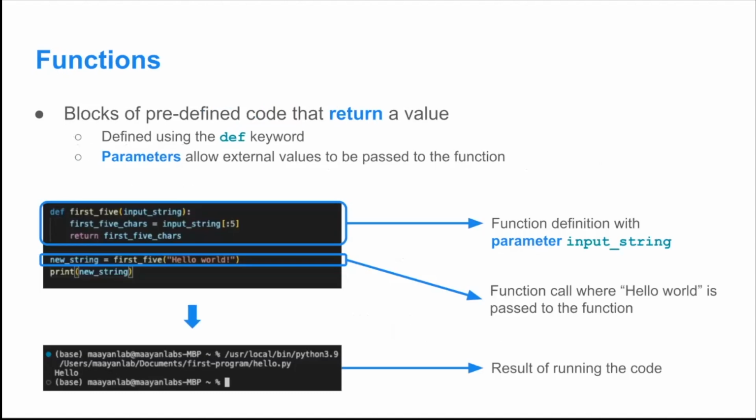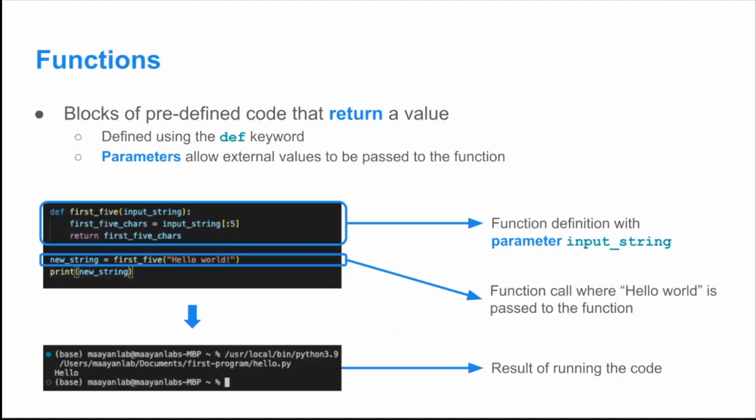Moving on, another thing that's important to note in Python are functions. So functions are blocks of predefined code that must return some value. They're usually defined using this def keyword, and they can also take parameters which allow external values to be passed to the function. So here on the left, I have this function that I've defined.